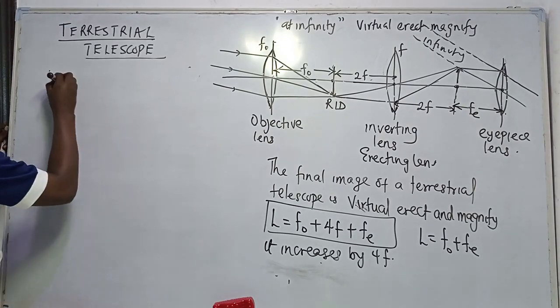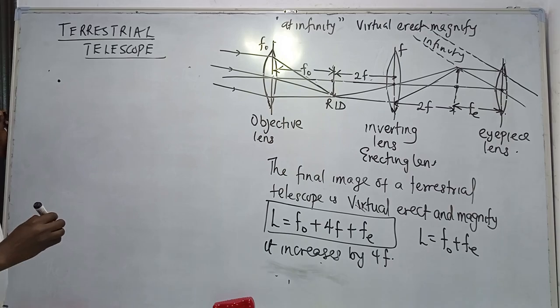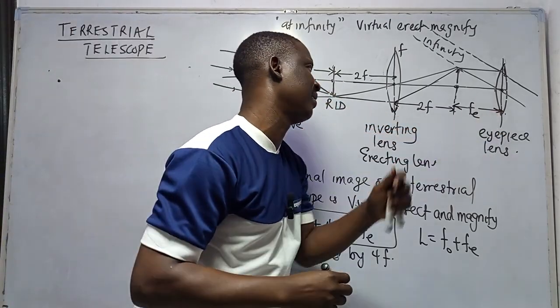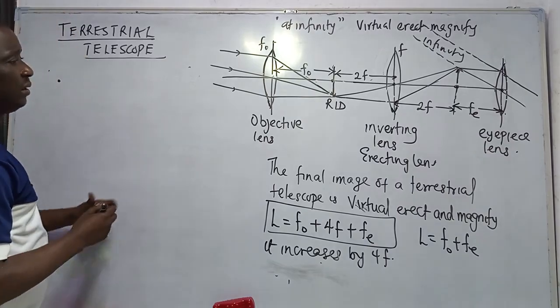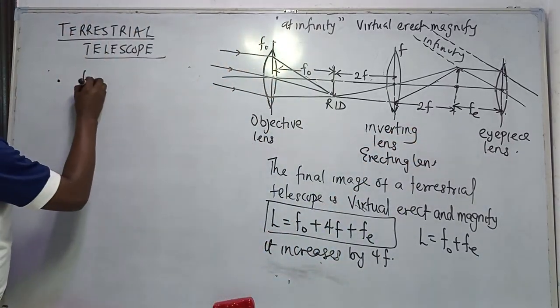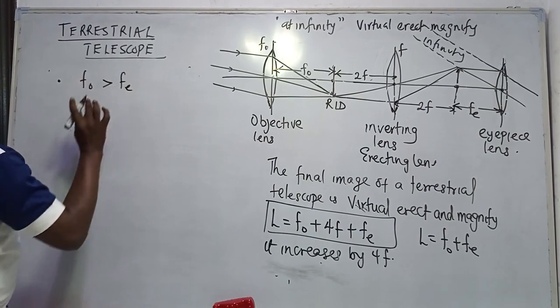If we want to look at the three lenses now, which one has a higher focal length? The objective lens has a greater focal length than the eyepiece lens.